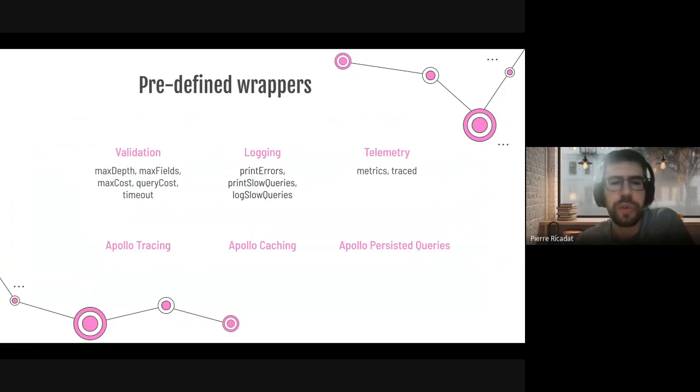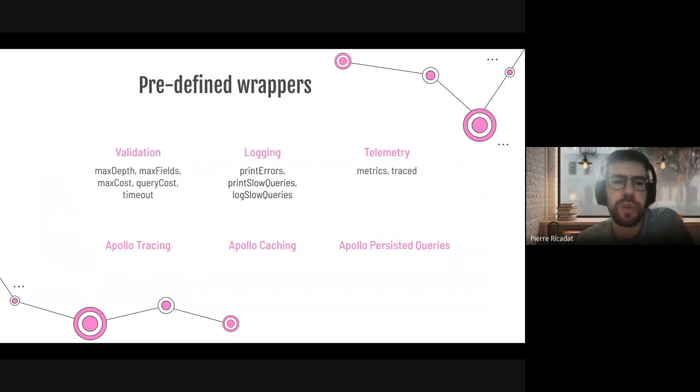It's quite useful if you want to make sure that no one is trying to do something too crazy with your API. You can also compute a cost. If, for example, you want to make your API a paid API, and let's say customers are charged based on how much they use the API, we have an example of cost calculation.